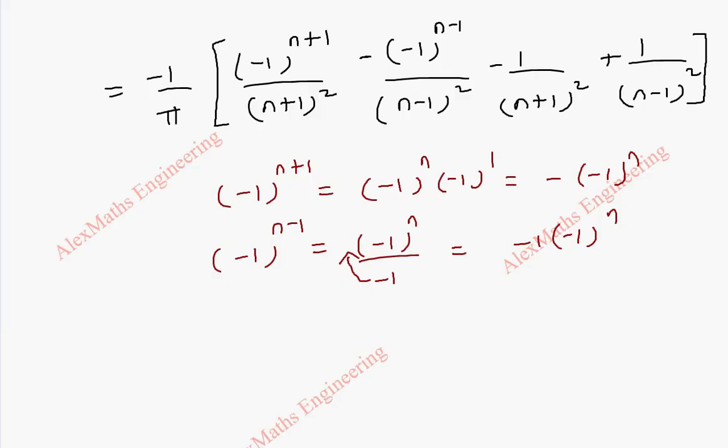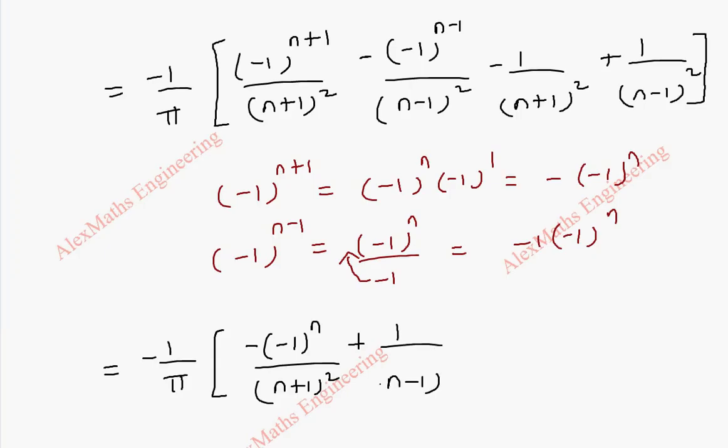Now replacing all these things here, we get -1/π, and this term is minus of (-1)^n by (n+1)², then minus of minus will become plus, so 1/(n-1)², and there is a (-1)^n also, then -1/(n+1)², then +1/(n-1)².